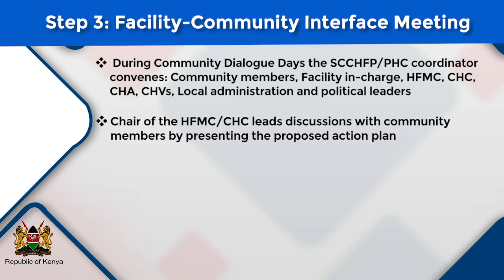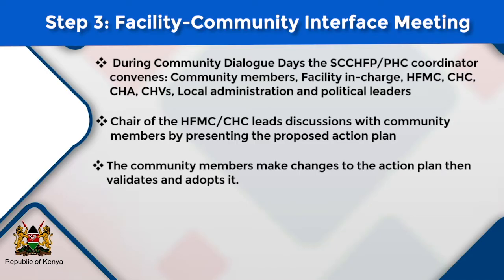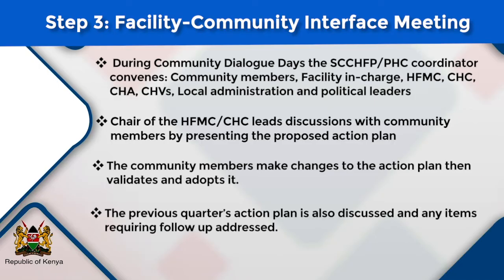The Chair of the Health Facility Management Committee or the CHC leads discussions with community members by presenting the proposed action plan. The community members make changes to the action plan, then validate and adopt it. The previous quarter's action plan is also discussed and any items requiring follow-up addressed.